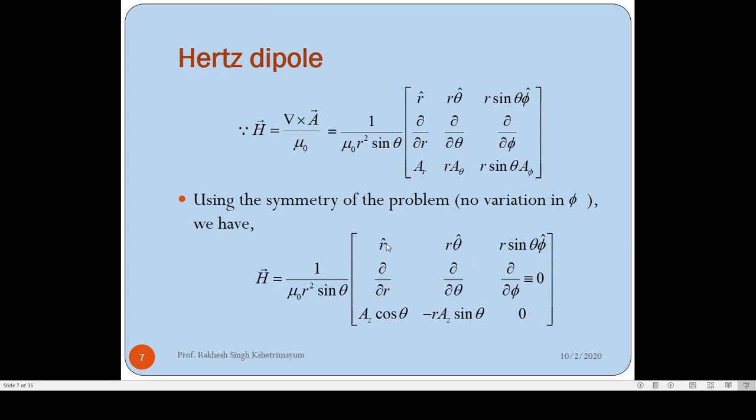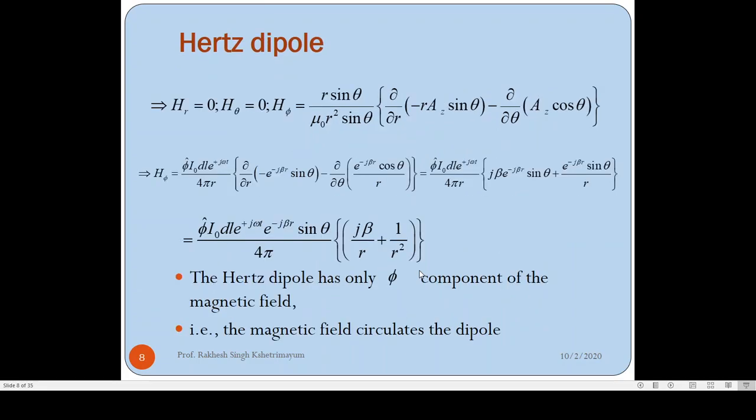This is a simple expression, you can find it out. When you find it out, what you will see is that H r is 0, H theta is 0, and only H phi has a finite value here.